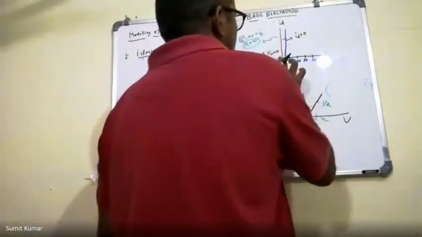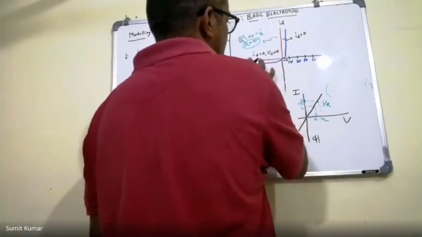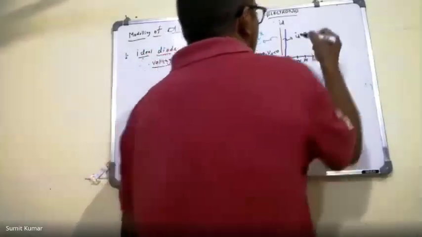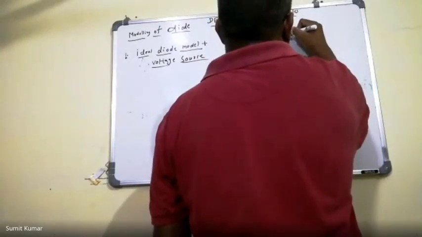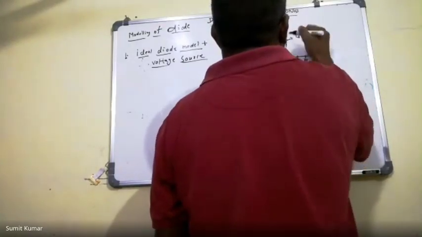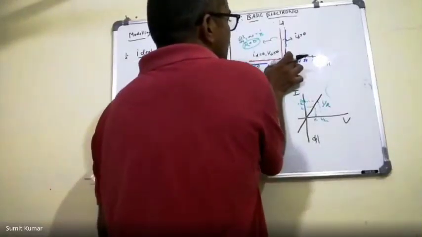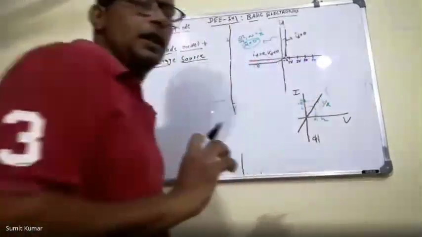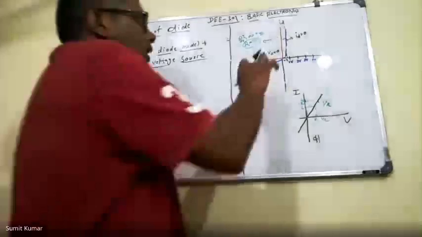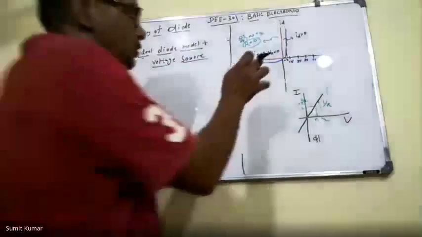If I shift this characteristic to this 0.7 volt, then you can see this model is a little better than the previous model, because in the previous model I neglected this 0.7 value, and here I am only neglecting the slope of this curve. In the previous model I neglected the slope as well as the constant 0.7 volt.